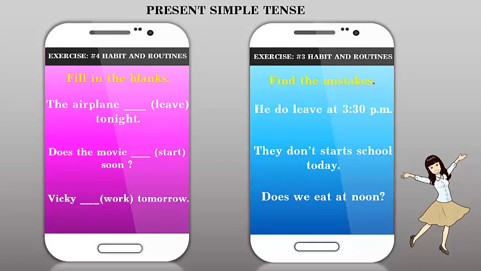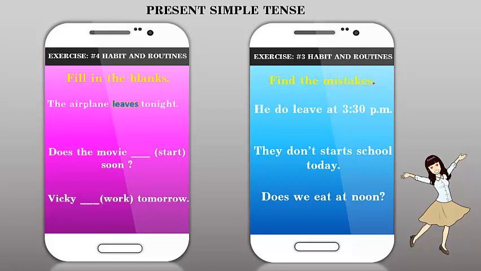What subject pronoun do we use for airplane? It's it. Remember, in the present simple tense, for he, she, it, we add an s or es to the verb. The verb here is leave, so we simply add an s. The correct answer is the airplane leaves tonight.